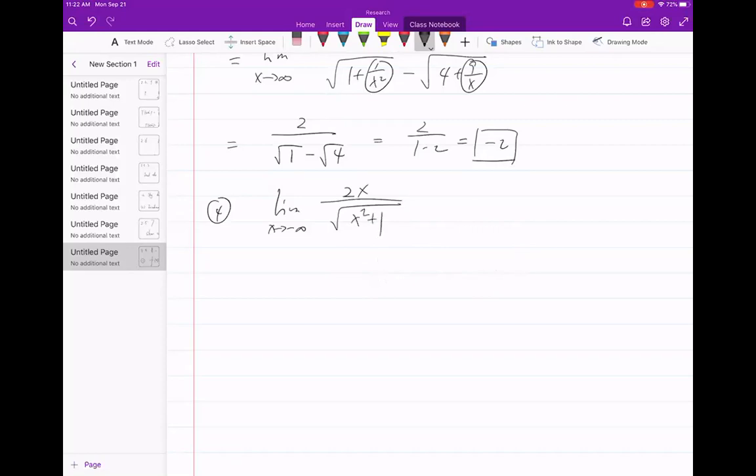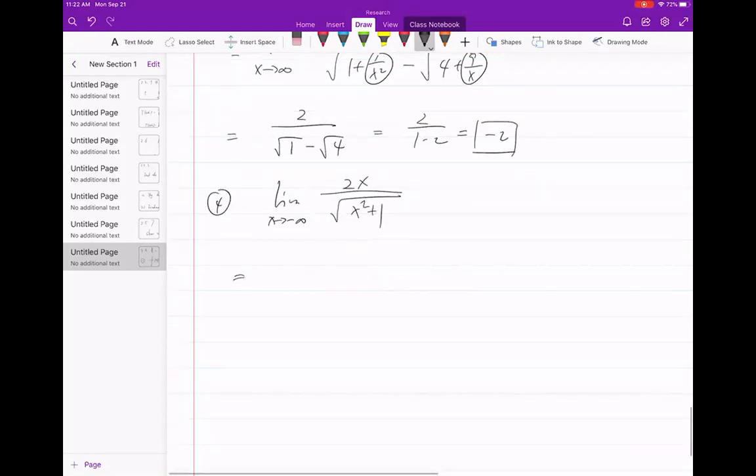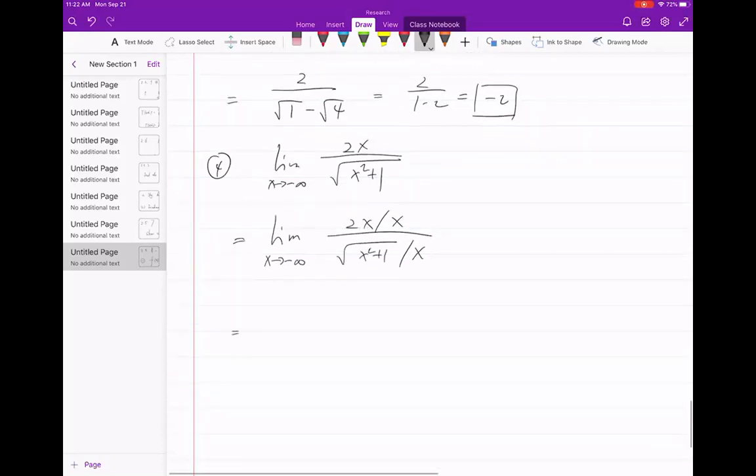Let me do the stuff we just did. We know the top is x, the bottom is x. Let me put it this way.